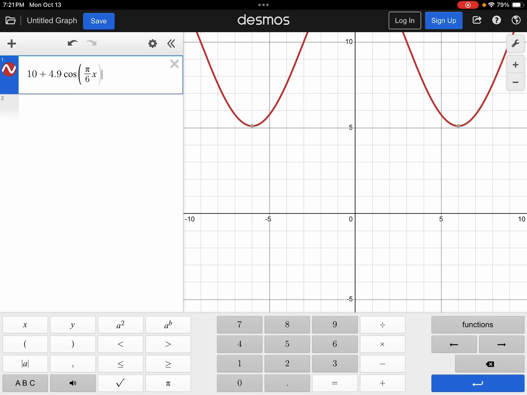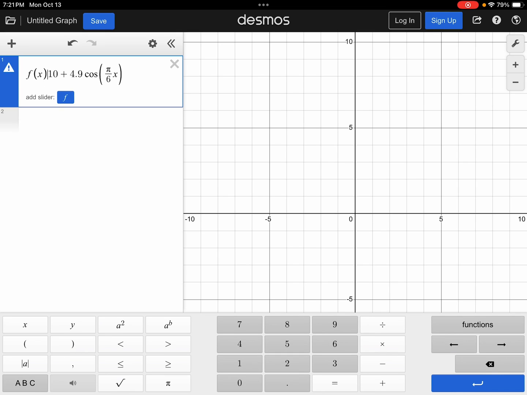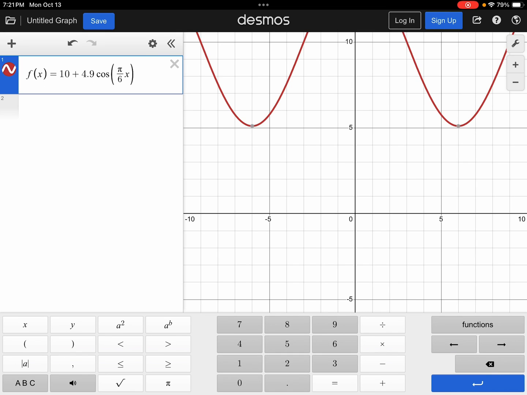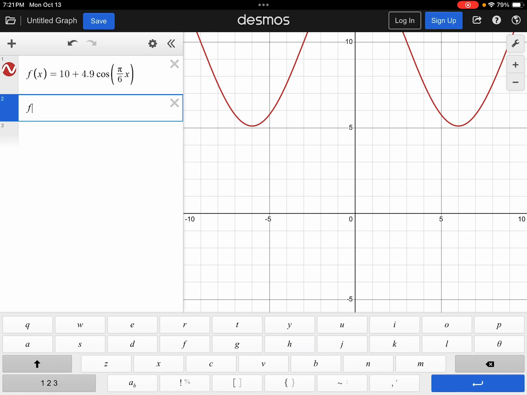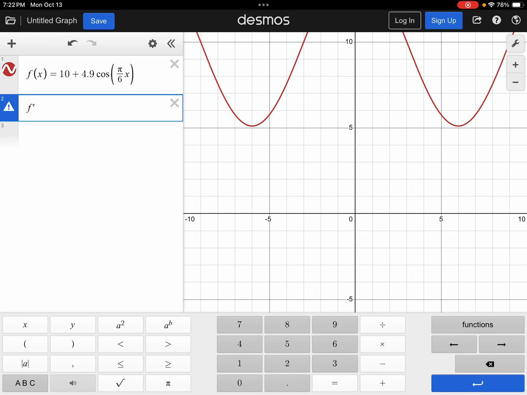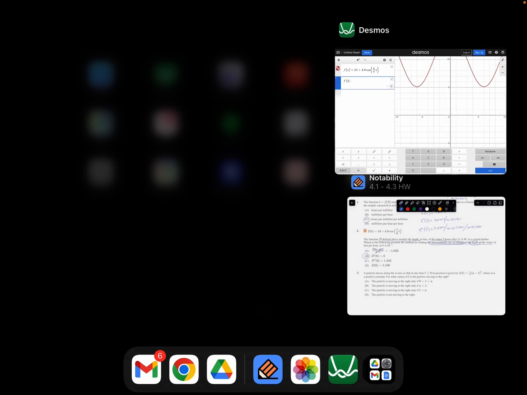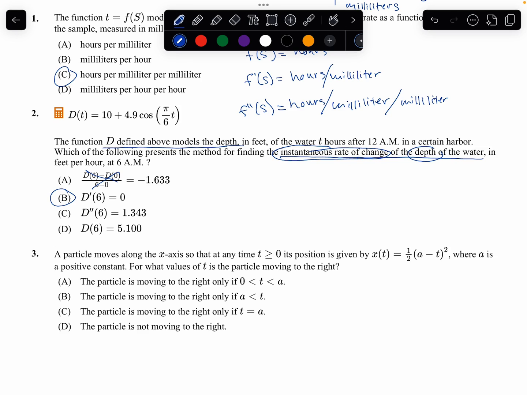So we've got this right here as f of x, and we'll do f prime of 6, I think we said. f prime of 6 is indeed equal to 0, so that's good. I think it's got to be that one then. So we'll roll with that.